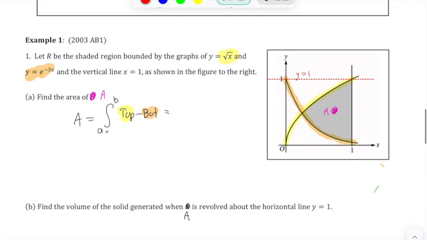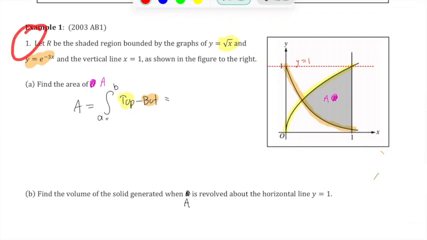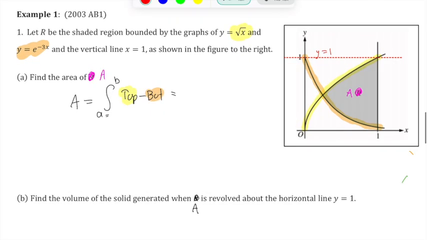Okay, so let's do example 1. Now, part A is from the previous section, and then part B is from the new section. So here you go.